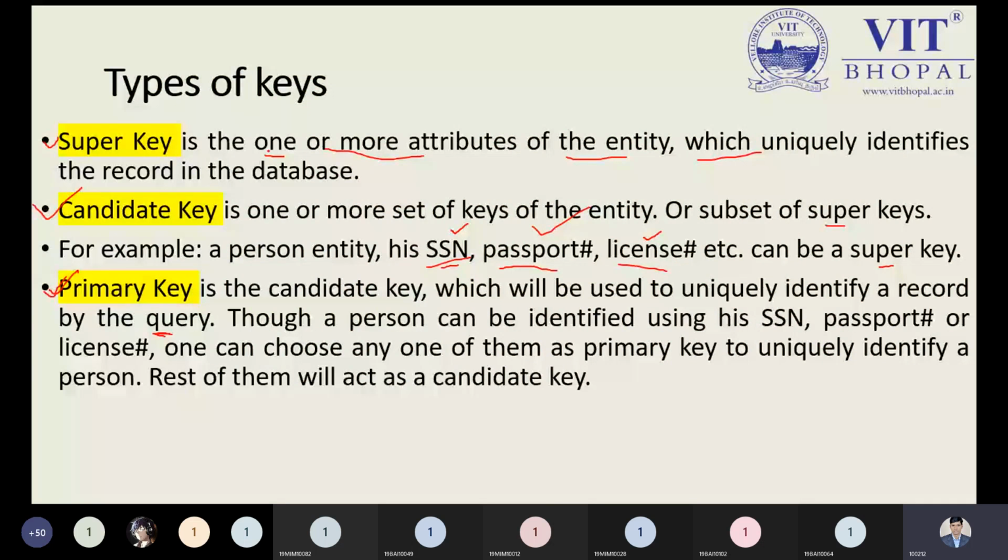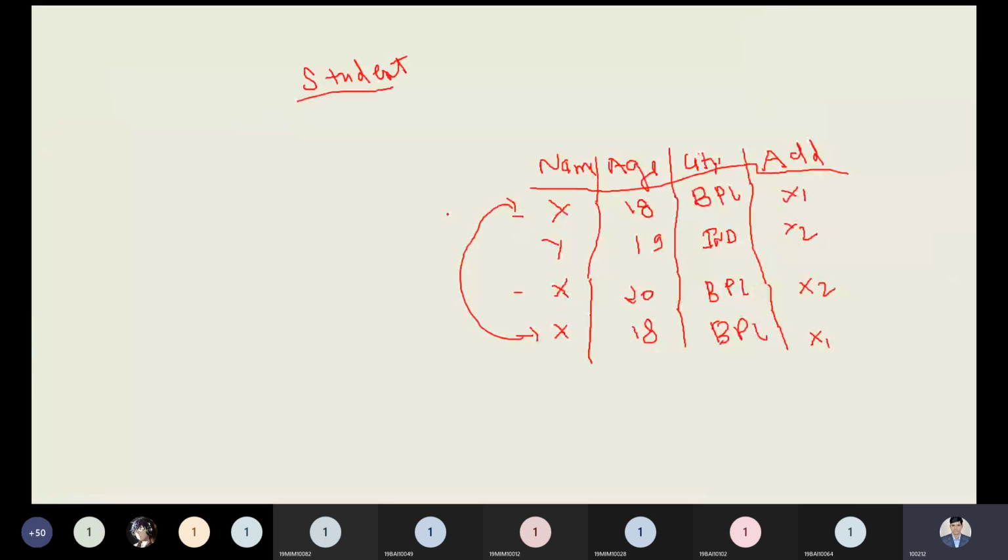So without putting the primary key, without putting the uniqueness concept, before inserting this X, this is my record, this is my record, this is my record.